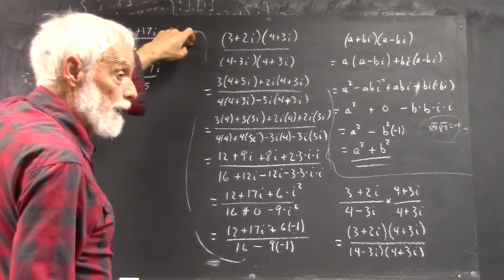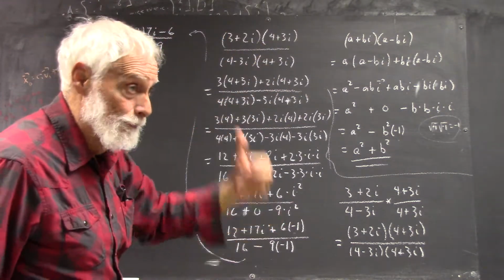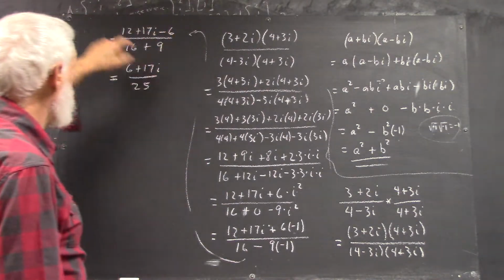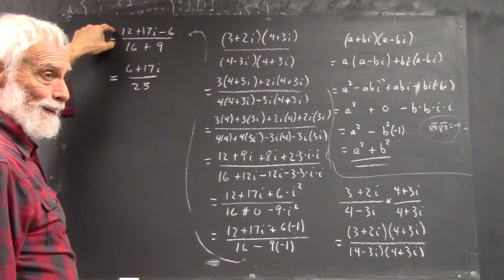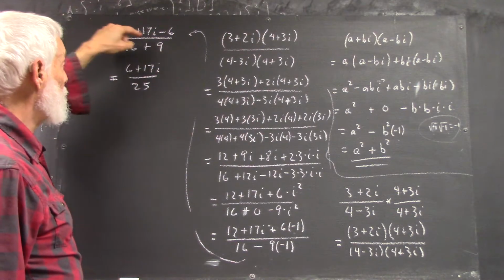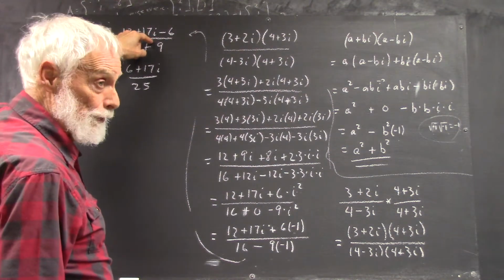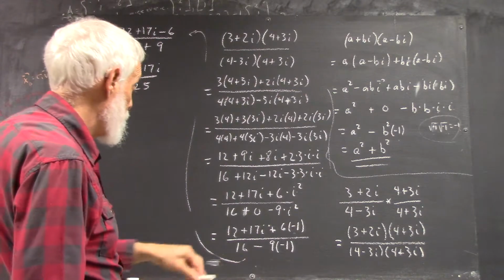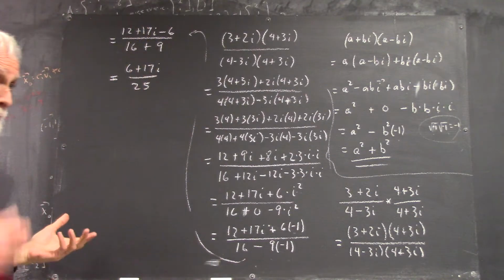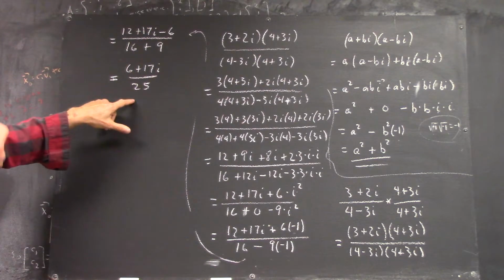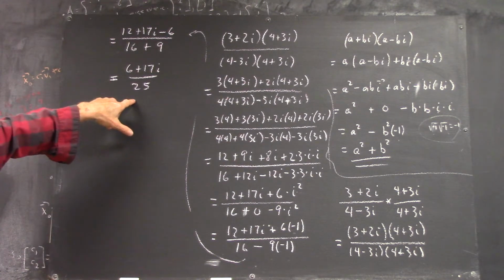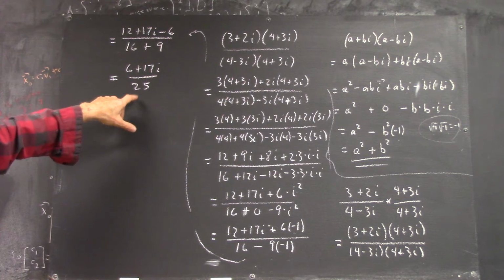Because the 12 and the -6 are like terms, you can add them. Okay. If it doesn't have an i on it, it's not a like term of something that does have an i on it, right? Right. And the things that have i's on it are like terms. Okay? So we have this. That's how you divide complex numbers. Okay.